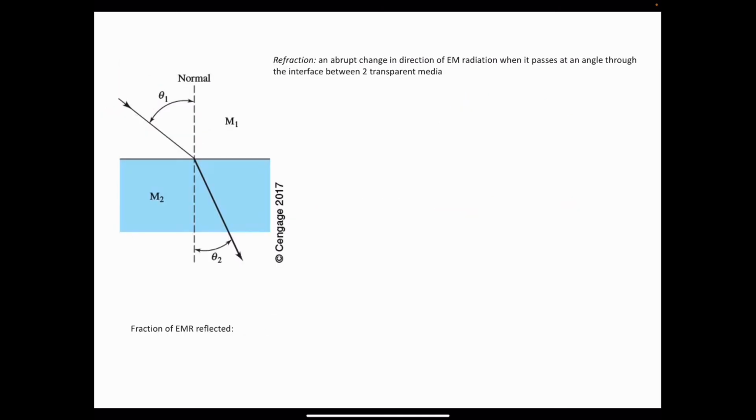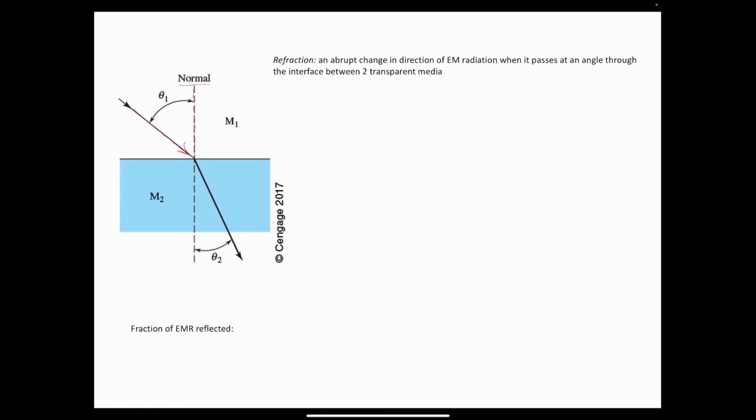Now, moving on to refraction, which is just an abrupt change in the direction of electromagnetic radiation when it passes at an angle through an interface between two transparent media. So if we have an incoming wave here, coming in at some angle from the normal, which is just perpendicular to the surface.